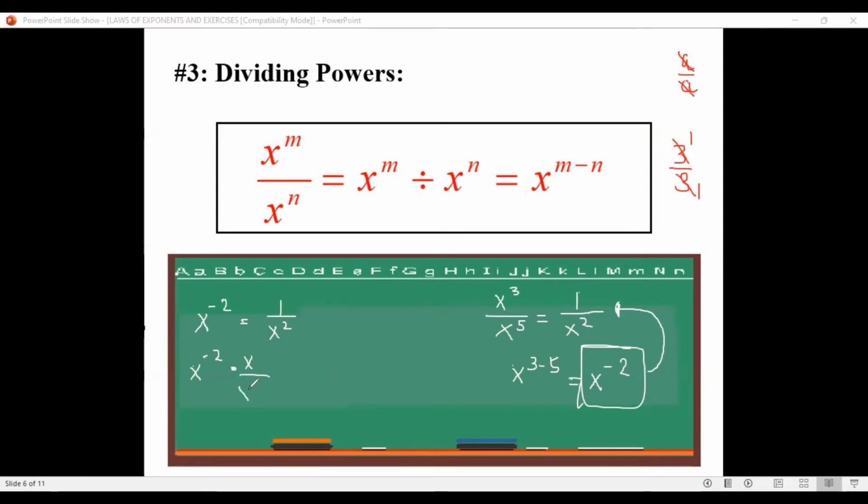I can multiply x raised to negative 2 with x raised to 2.